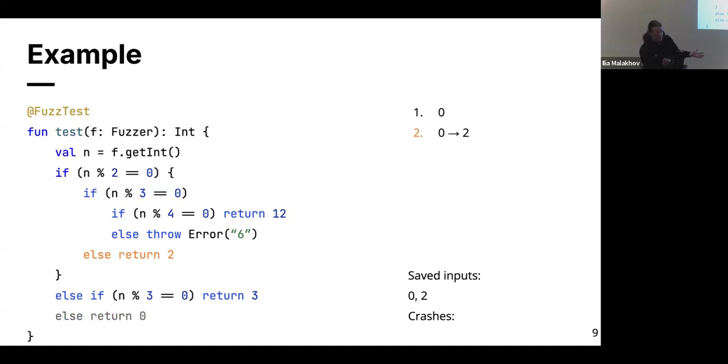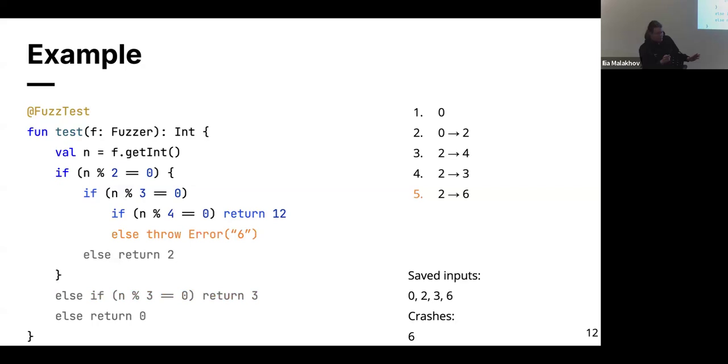Next, let's say it mutates 0 to 2, and this gives us another line. Then it may mutate 2 into 4, which leads to this line again. As you can see, we don't save 4 to our inputs. We just forget about it. Then we generate 3, which is also good.